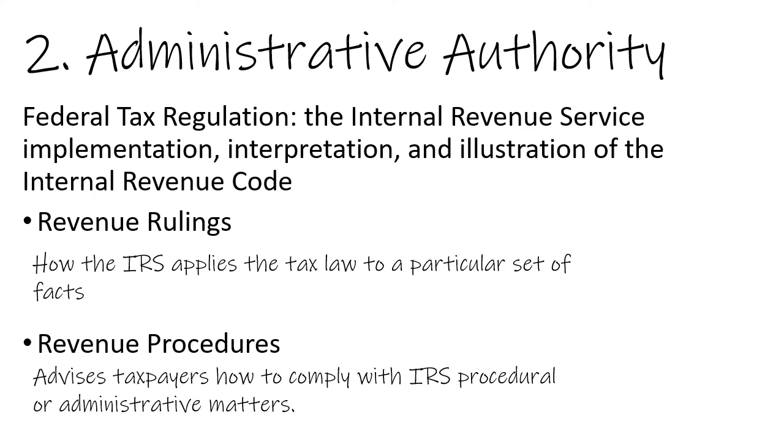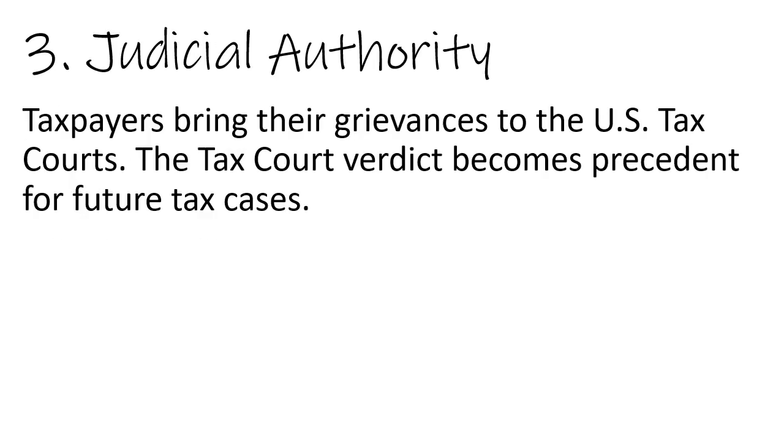Again, these procedures do not hold the weight of law, but they do help illustrate the IRS's prevailing mindset. These revenue rulings and revenue procedures are periodically combined and published so that the public can be aware of the IRS's thought process. Finally, judicial authority.